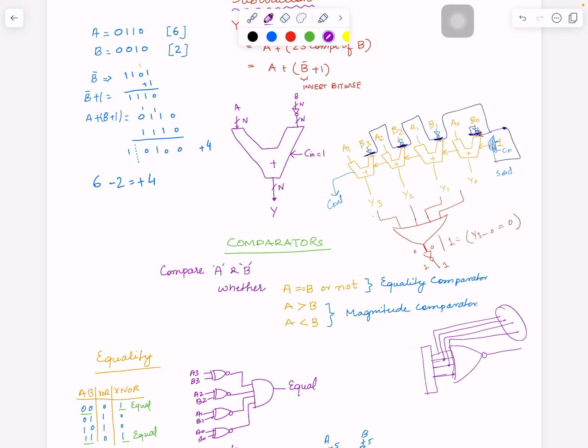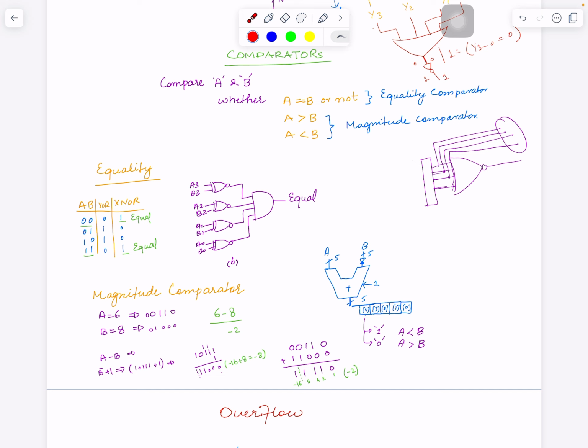Okay, let's look into comparison of A and B, and saying, okay, whether A is greater than B or not. Let's define something similar in this case.